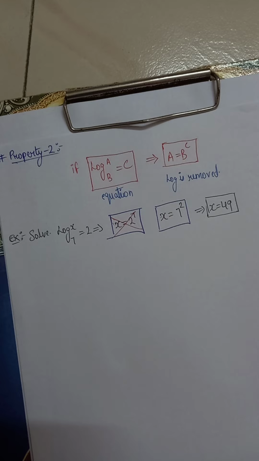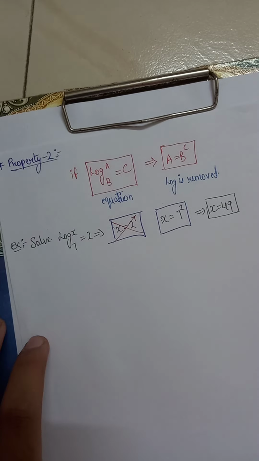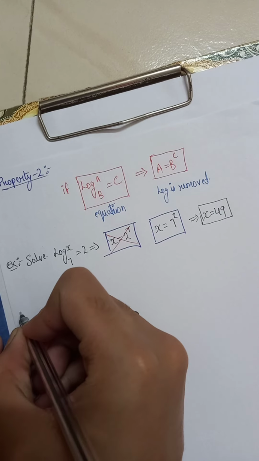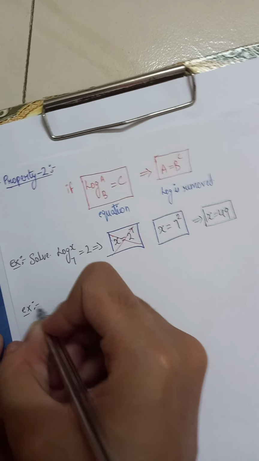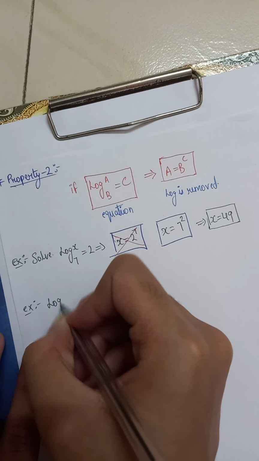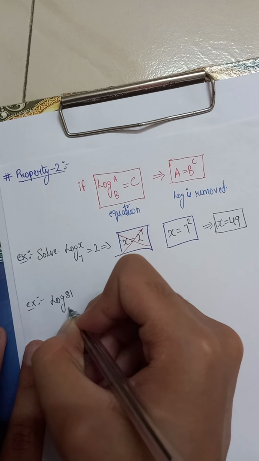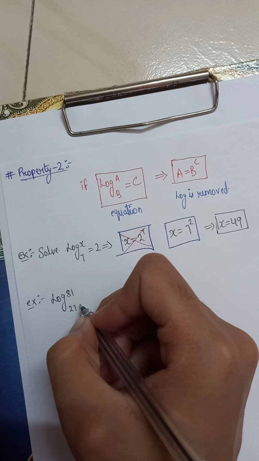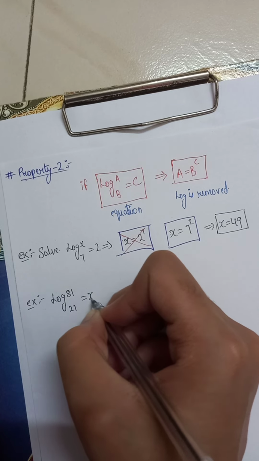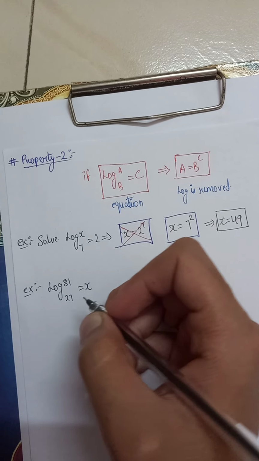So let's try to do another example. The example is log 81 to the base 27 is equal to x.